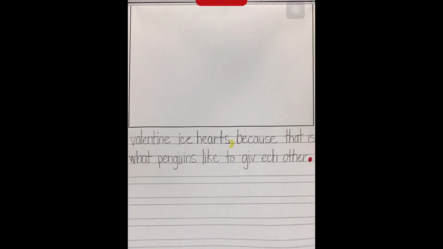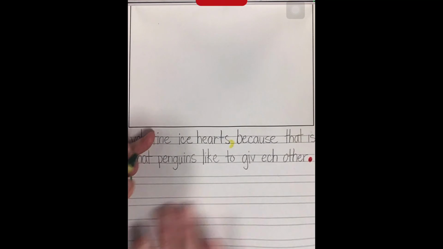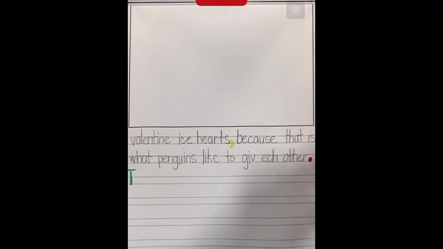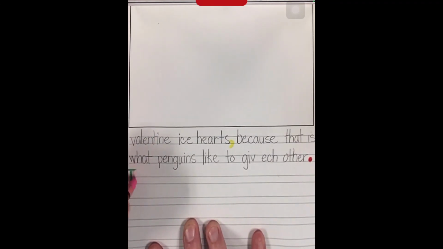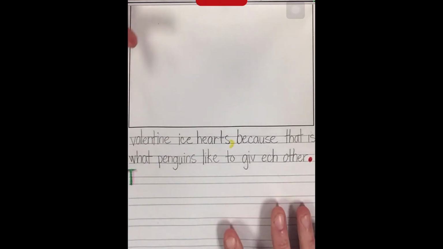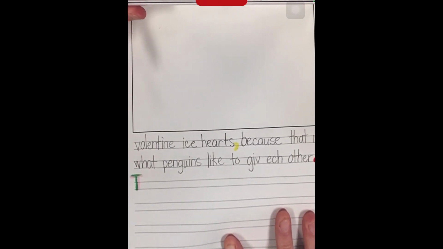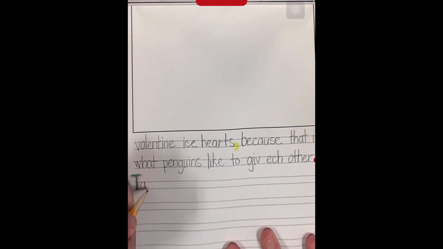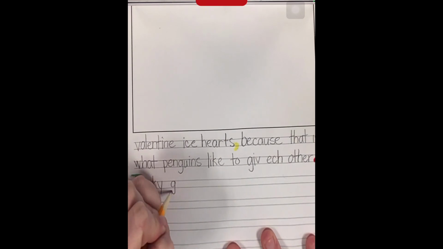Now I have to decide, what is Tacky going to give his friends? Tacky is a proper noun, which is why I'm using pink. It's also the beginning of my sentence, so I need an uppercase in green. Tacky gave. G, a, v. What makes the A say its name?